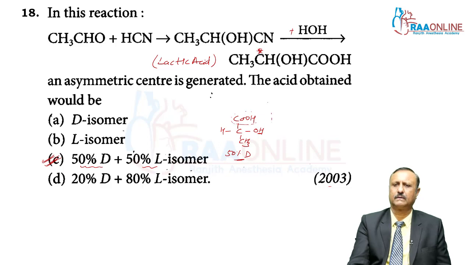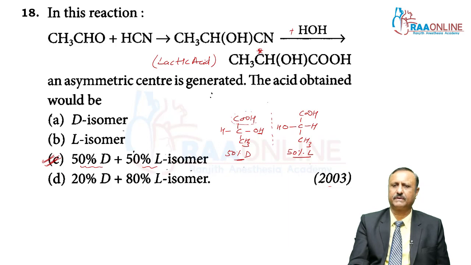And when you can see the optical isomerism of this compound, then you can get, my dear students, this is the 50% of L form. In this way, both compounds show optical isomerism.